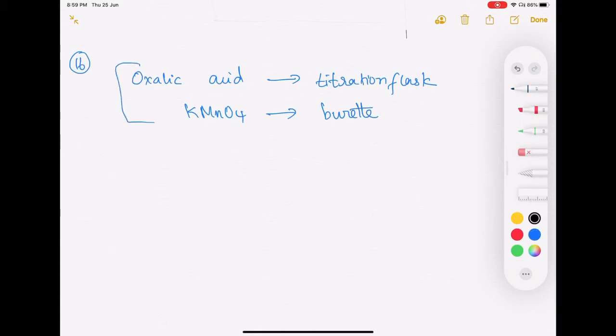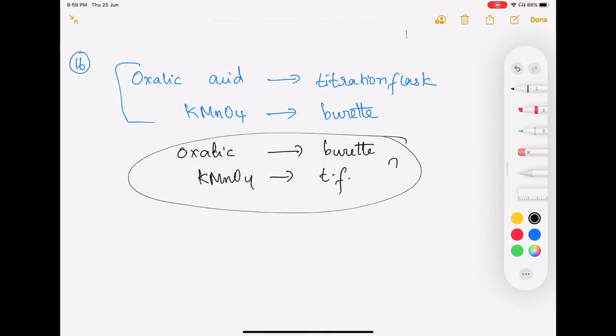But they are asking, can we switch the reagents in different apparatus? That is, can we apply oxalic acid in the burette and KMnO4 in the titration flask? I'm just writing the short form, titration flask. Is this possible? This is the question.